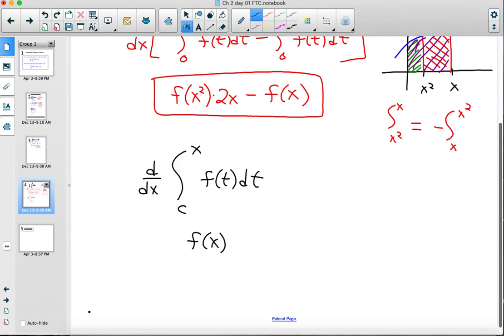Now, if this upper limit here is a function of x like x squared or x cubed or the square root of x or sine of x, then we're going to have to multiply by the derivative of it, which in this case is just 1, so we get f of x. But if that upper limit is more complicated, you have to remember the chain rule.